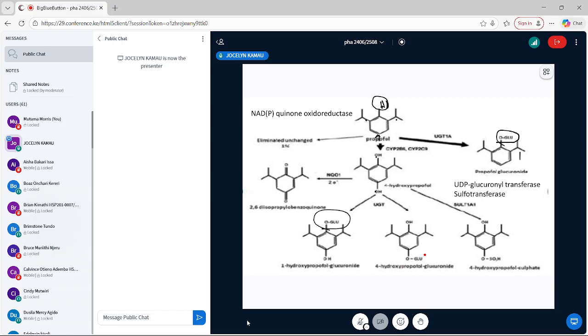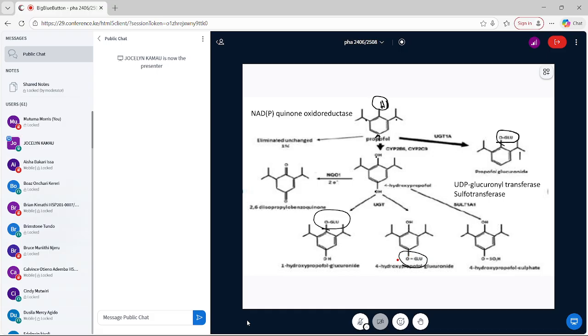I would expect this one to be in higher concentration because of the lesser steric hindrance, because this hydroxyl group is much freer. The other one has the isopropyl group surrounding that hydroxyl group. So on either of them, you can get the 1-hydroxy propofol glucuronide, and in this one you can get the 4-hydroxy propofol glucuronide.